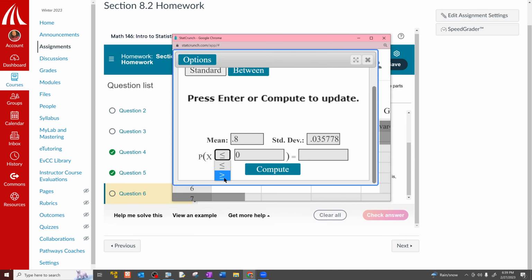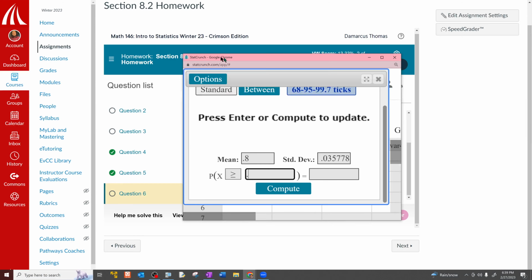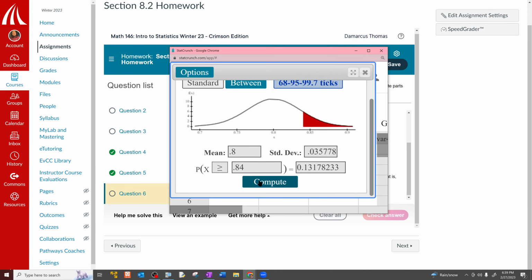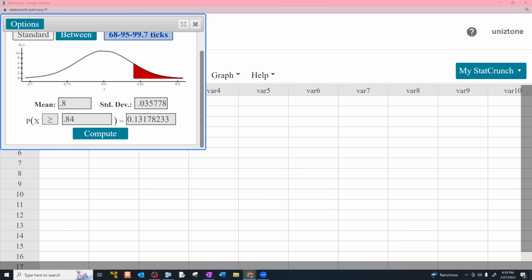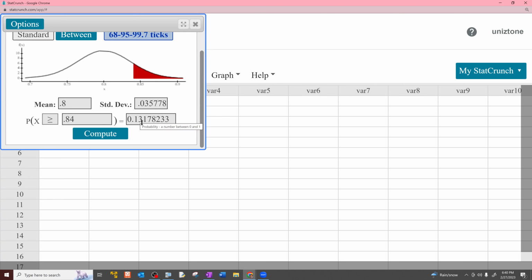And we need to switch the sign around because it's everything greater than 0.84. To 4 places, we're getting 0.1318.